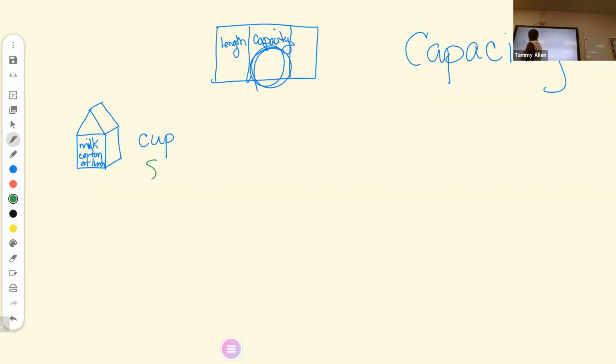So in that is 8 fluid ounces. 8 fluid ounces. Okay. So then our next one.